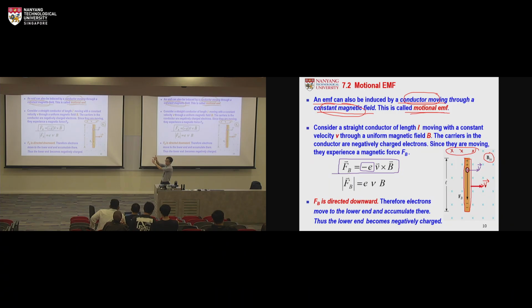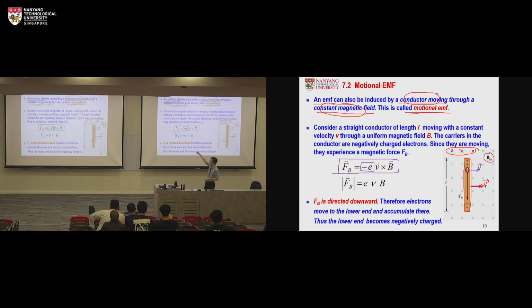This is going to be the first vector V, second vector B, and this is going to be V cross B. So the way you do it, V, B pointing into the page. So this is a V, this is a B, so this is V cross B pointing up, right? So V cross B is going to be pointing up, and now we are talking about a negative charge.